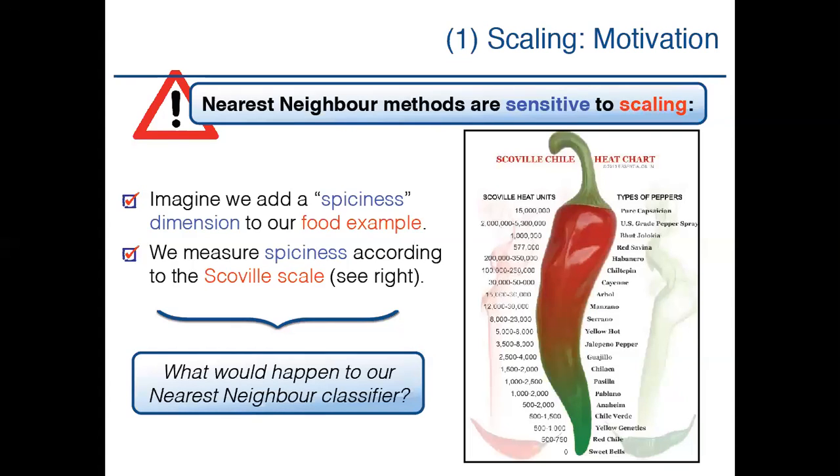The problem is that when you are measuring distances, since the other two variables were only going from 1 to 10, this variable is going from 0 to 15 million.